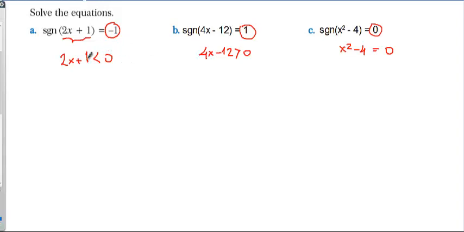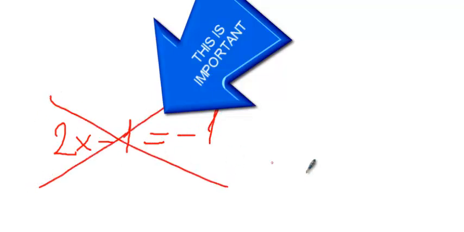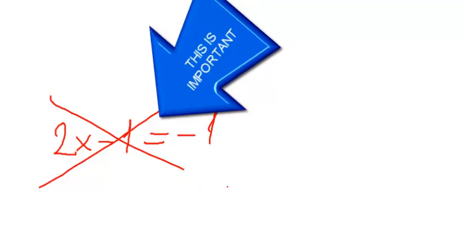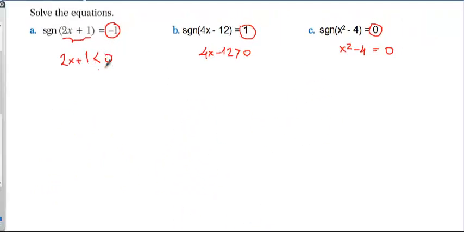Students generally make this mistake: they are writing 2x minus 1 is equal to -1, which is wrong. Do not forget this one. So what should it be? It should be smaller than 0.